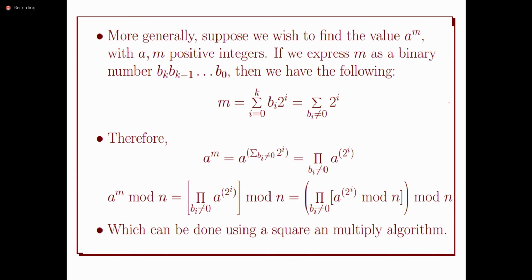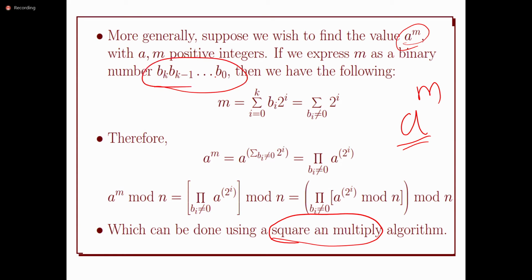So how can we do the exponentiation? If the base is a and the exponent is m, we want to calculate a power m. If a and m are both large values, the square and multiply algorithm is used. How can we use this square and multiply? We have to represent the exponent in terms of binary values.